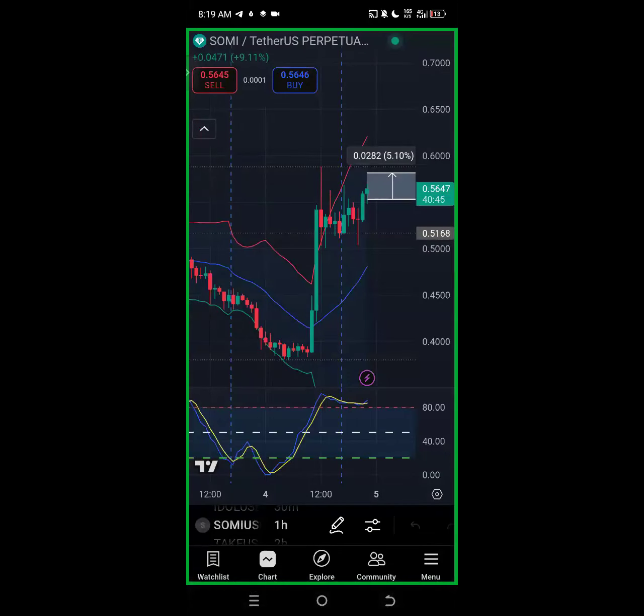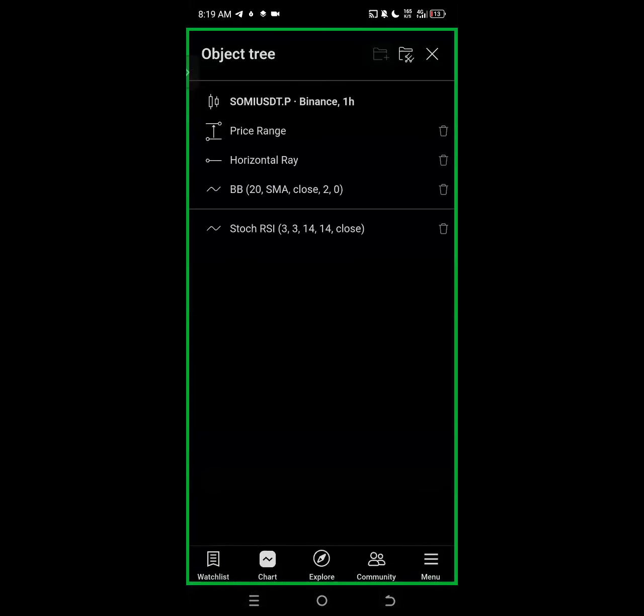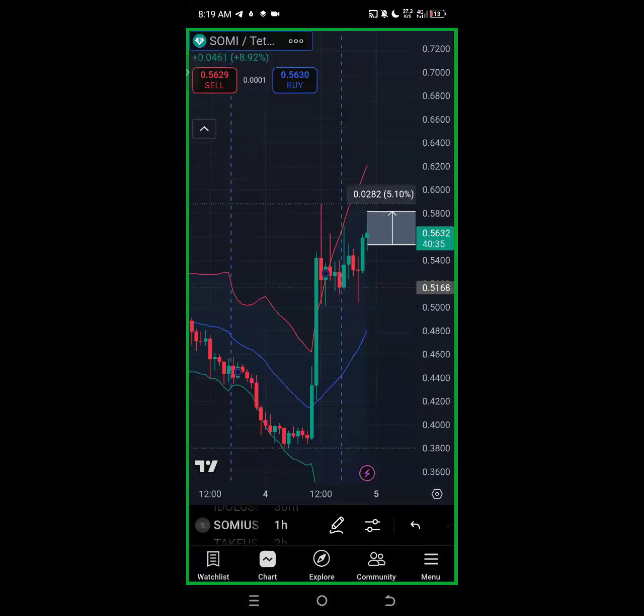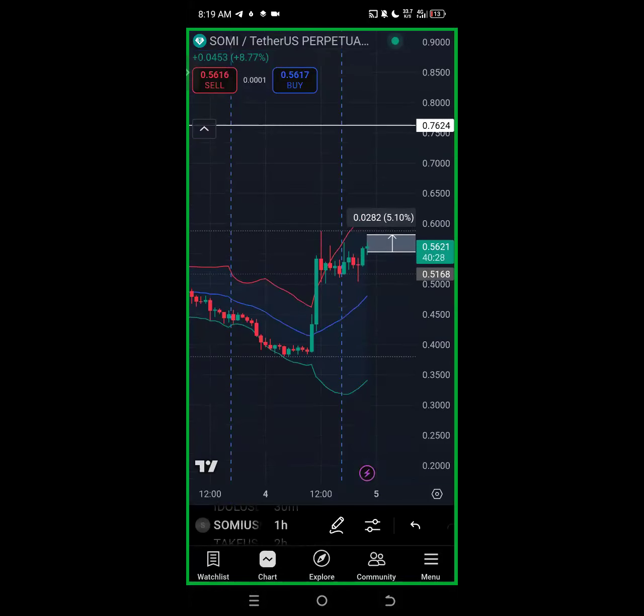Remove this. So this is the Bollinger Band. This is the Bollinger Band.